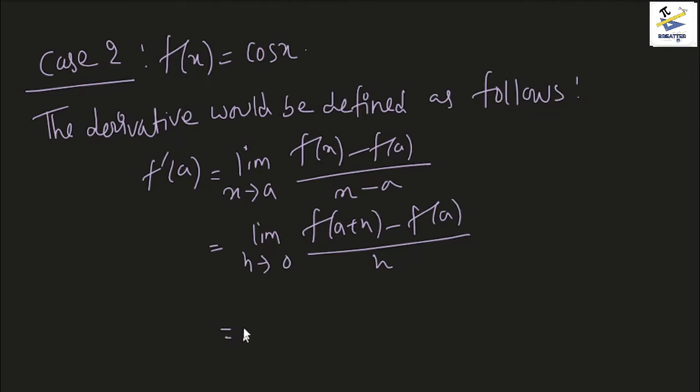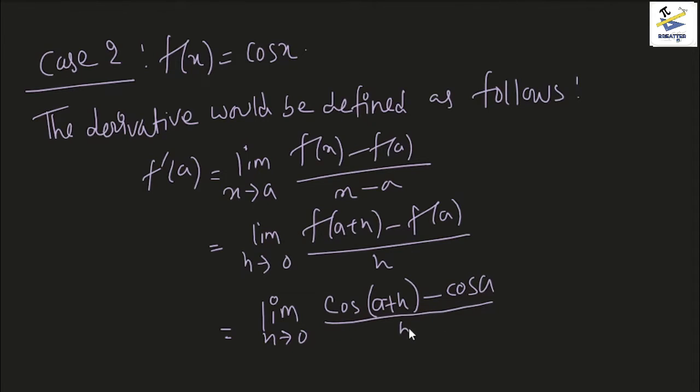Now this would give us limit h tends to 0 of cosine of a plus h minus cosine of a whole divided by h, right?